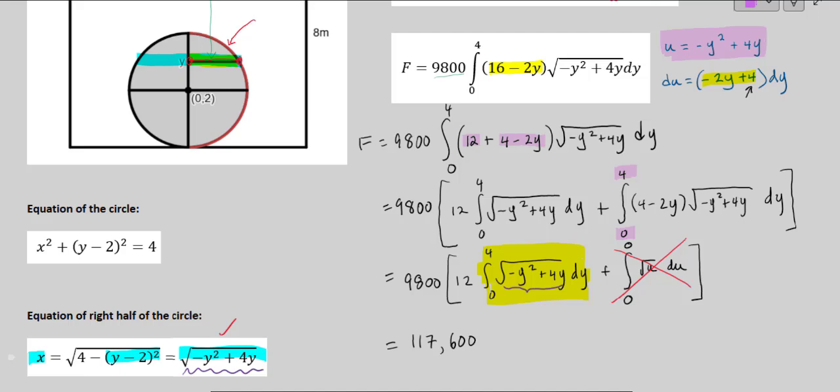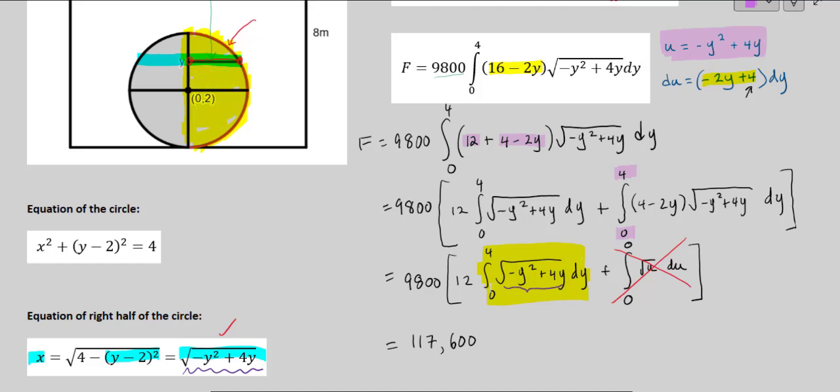Okay, so that is the right half of the circle up here. So that function is the right half of the circle, and we are going to integrate from 0 to 4. 0 to 4 is along this diameter. So this integral represents the area beneath that curve, which when we're dealing with functions of y, means the area between the curve and the y-axis.